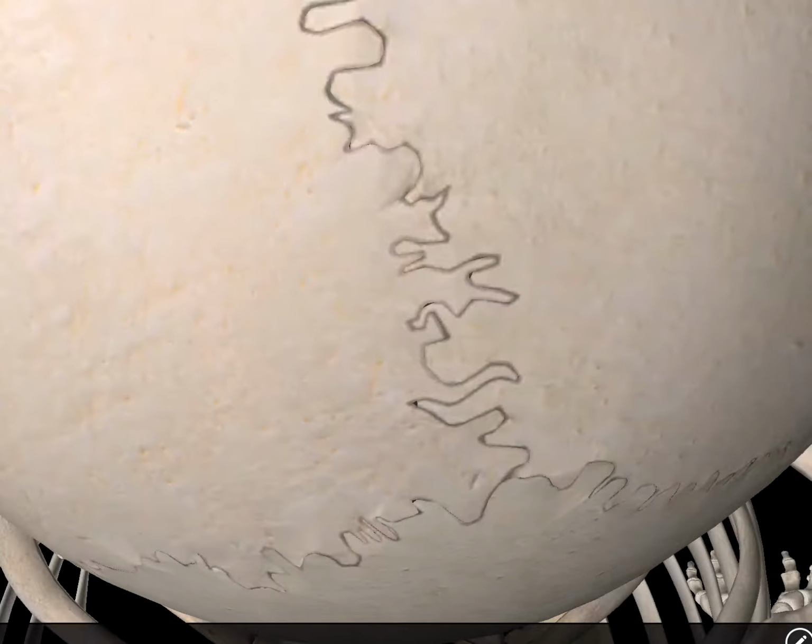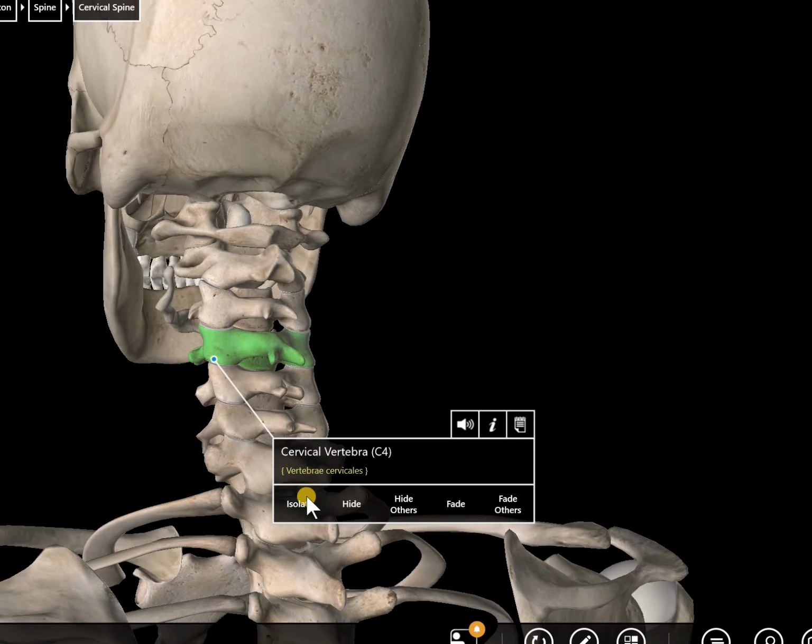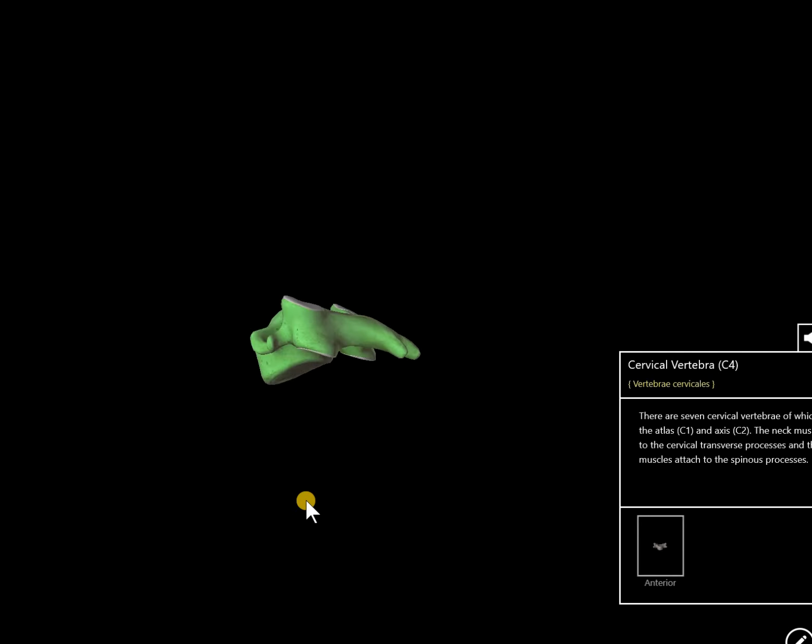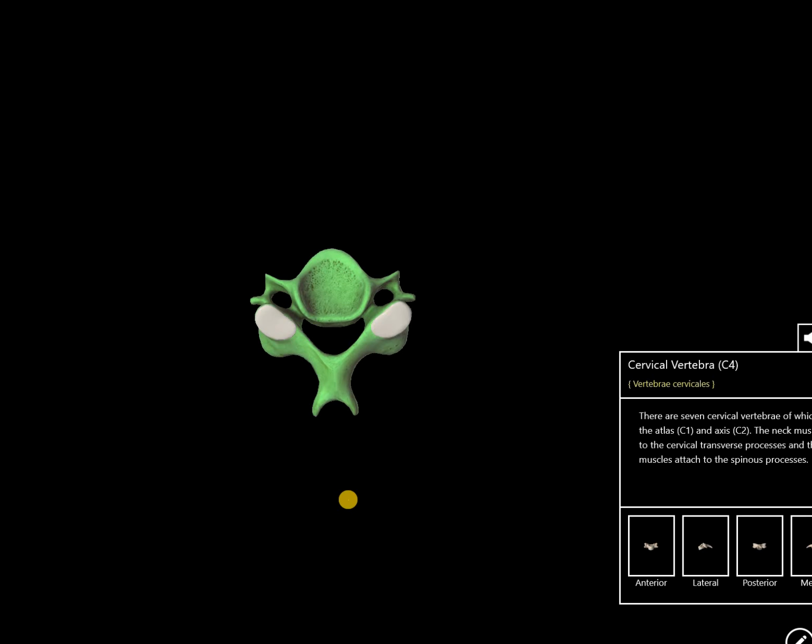Let's go back to another cervical bone. Again you'll see a bifid spinous, very unique to the cervical spine. Also a hole in the transverse process. Remember, hole in bone is called foramen, so that's the transverse foramen that you're seeing there. So this would be a cervical.